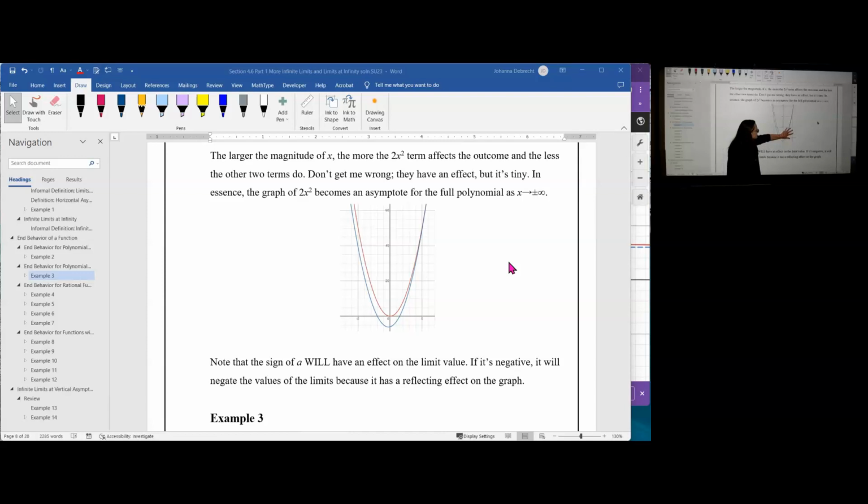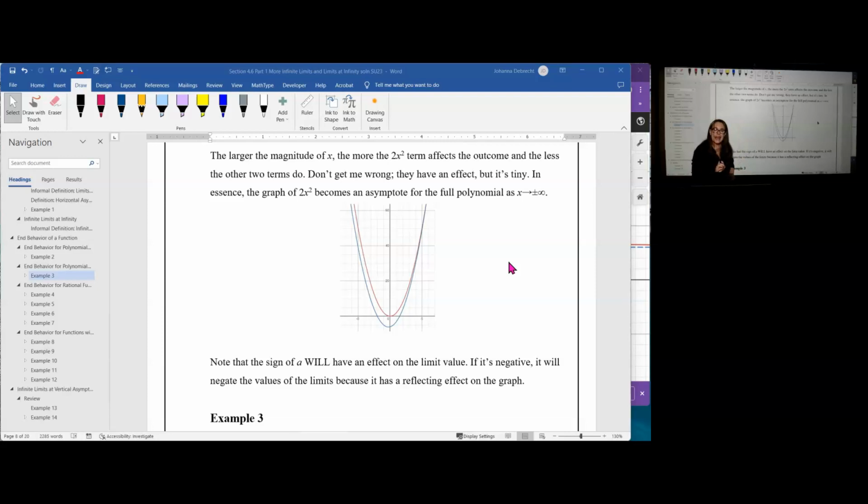You can see in the center of the graph near the origin, they're not that close together. They're not alike. But as you move to the far right and far left, the far right especially, the graph of 2x squared plus x minus 6 here in blue gets infinitesimally closer to the graph of 2x squared.